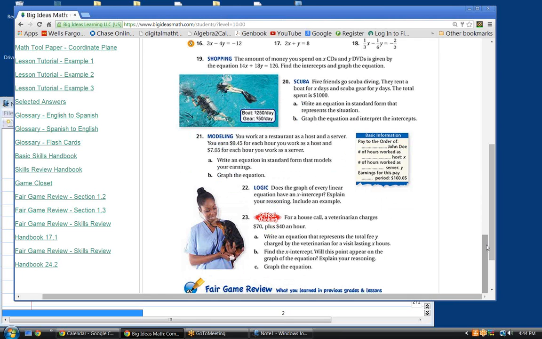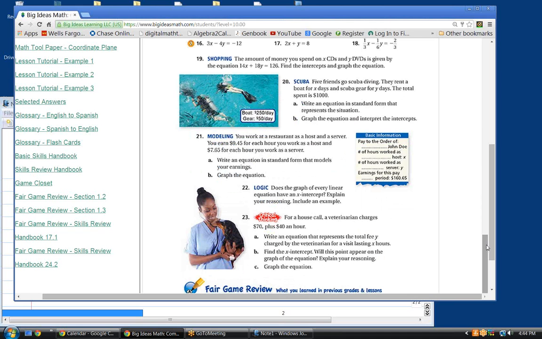So if gear is $50 a day, and the boat's $250, so it'd be 250x plus 50y equals 1,000, right? Correct. Good.